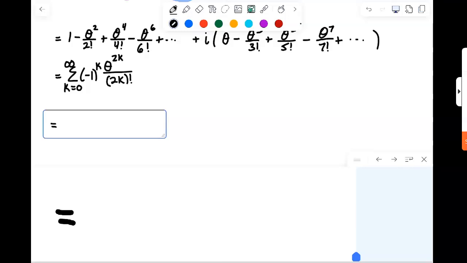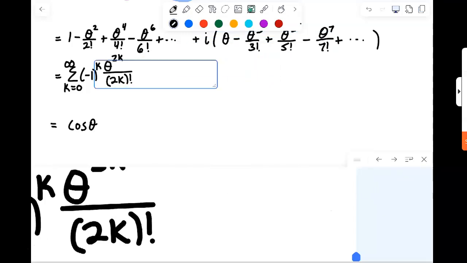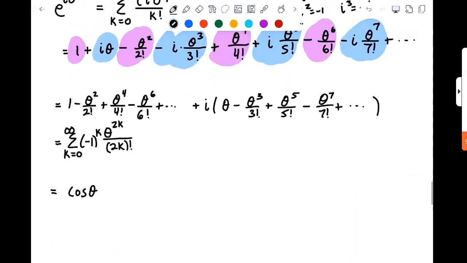So this is actually just cosine of theta. Okay, what about the second half here? The purple stuff is, in the end, the infinite series of the cosine.